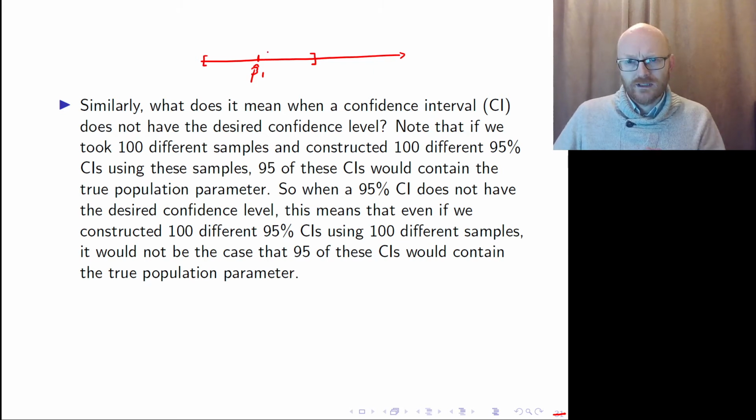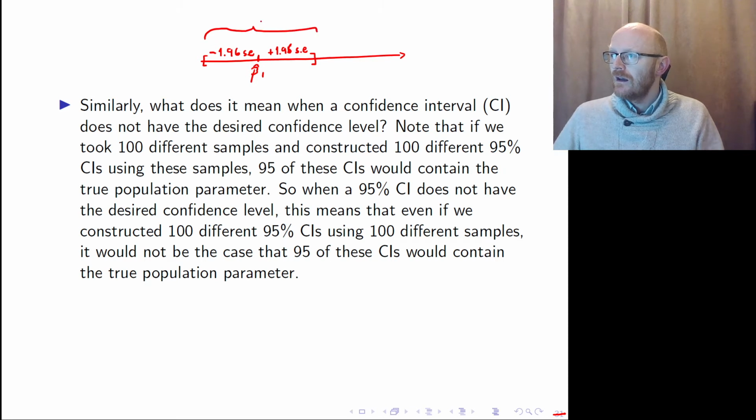If we assume the normal distribution, we have a lot of data, then we go plus 1.96 standard errors to the right, and negative 1.96 standard errors to the left, to the downside, and we say that in 95% of the cases, we should actually capture the true beta in this range.